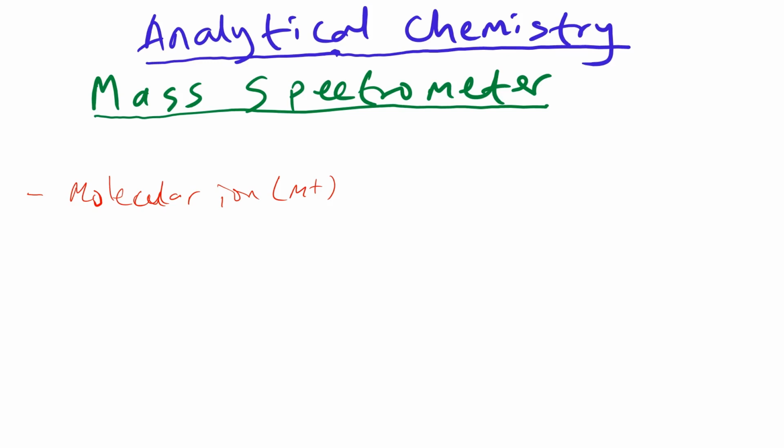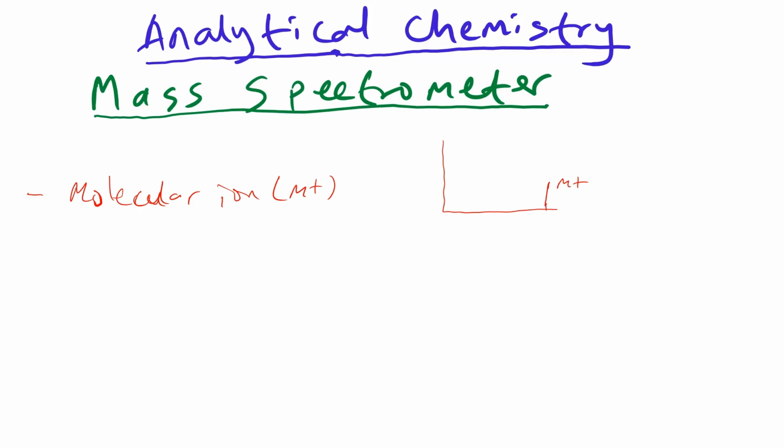This basically corresponds to the analyte that has not been fragmented. The analyte molecule that has not undergone fragmentation is the molecular ion, and it's usually located at the extreme end of the spectrum. So let's say you have a spectrum like here. The last peak is usually the M plus.